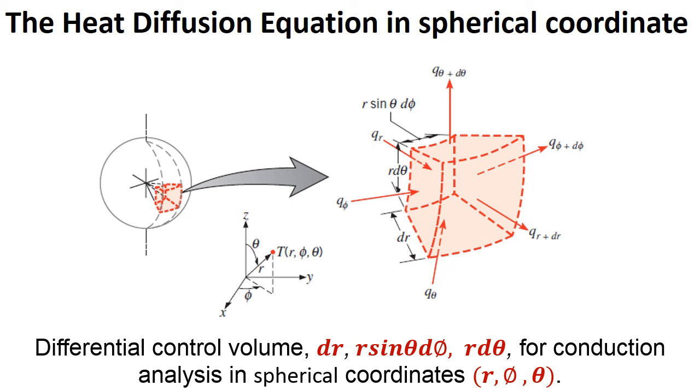For conduction analysis in the spherical coordinate system: r, phi and theta. r is the radius of the sphere, phi is the direction of the seam in your cricket ball, and theta is the direction of the surface which we have to shine when we have to bowl reverse swing.